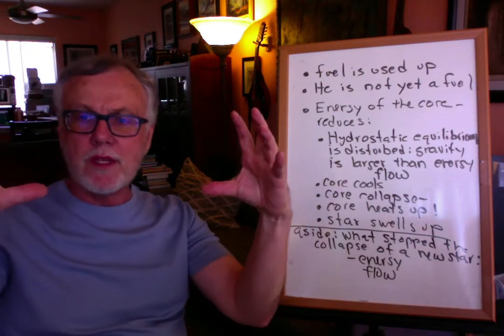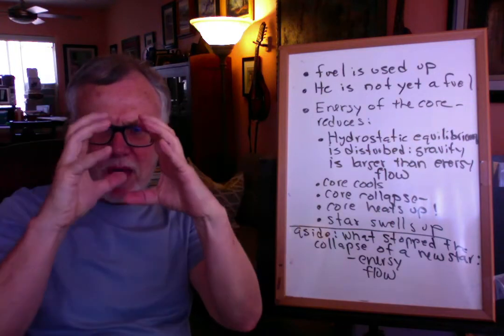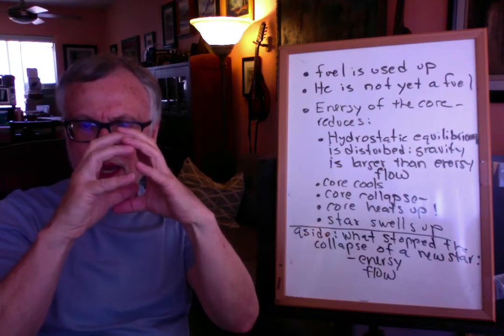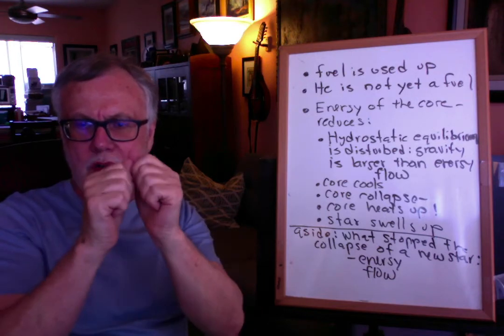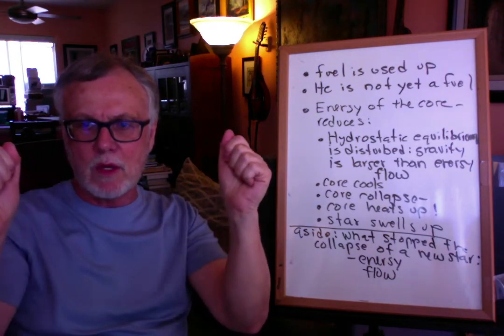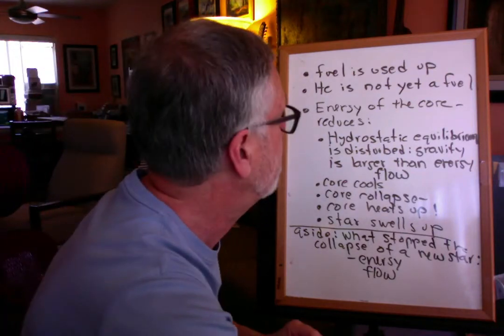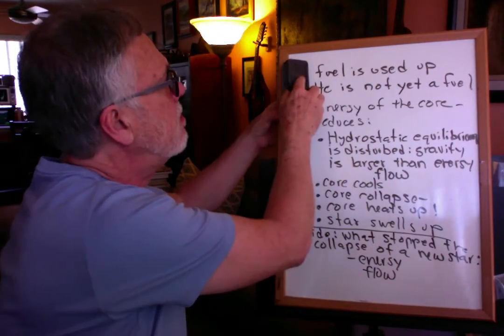So, you got this dying star. Down in this very center, the core is collapsing down. And that causes it to get hotter and hotter, and so basically what happens is this. I'm going to go ahead and erase a little bit here, up here.